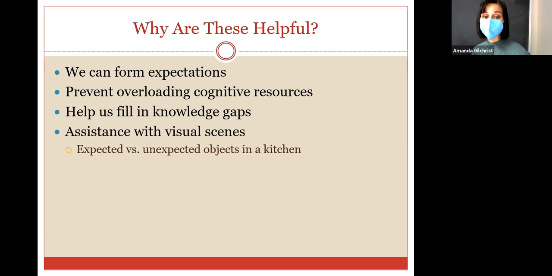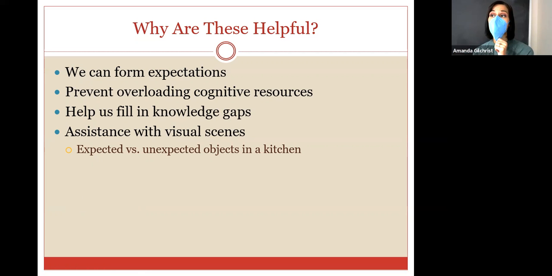And this can actually help us with things like visual search. So when we are expecting objects in a kitchen, we know which ones we're going to find. We're going to have things like utensils. We're going to find things like a kitchen faucet. And it turns out when we're doing a visual search for objects in a kitchen, we actually have an easier time finding expected objects because we know where they tend to be found.